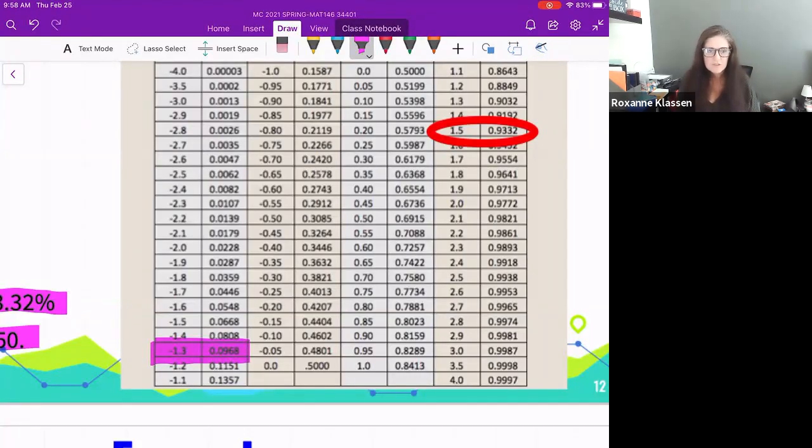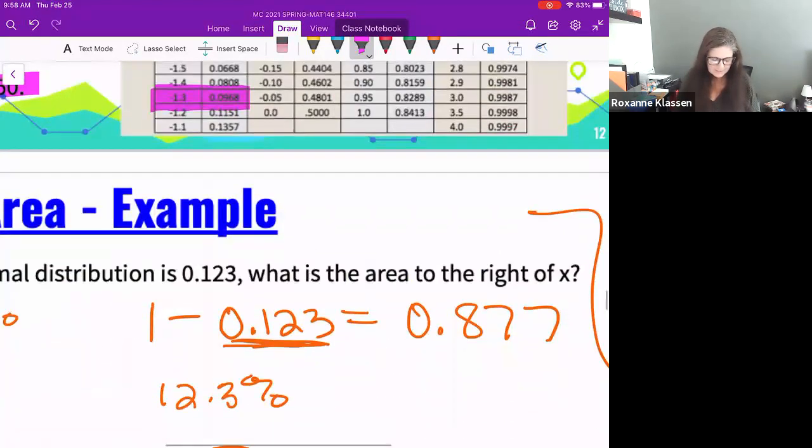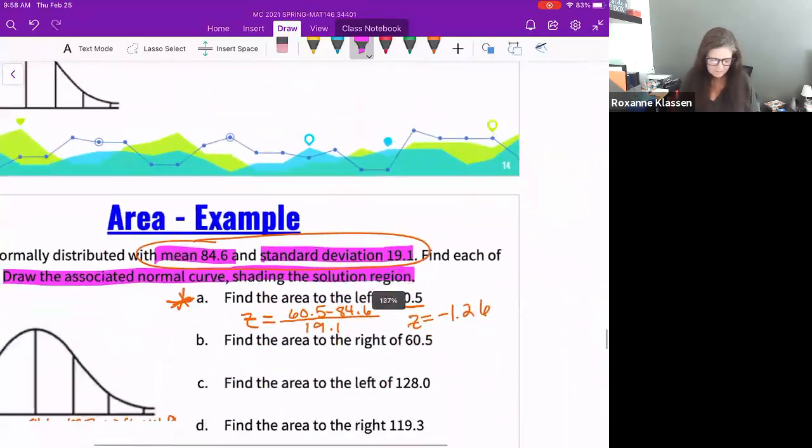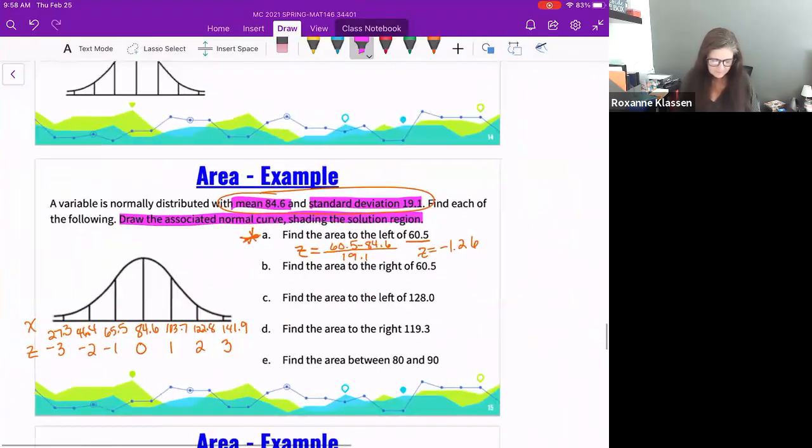Make sure you look at the correct one. Okay. So negative 1.3, and it's the area to the left, is that value 0.0968. So now I'm going to go back here and I'm going to say, okay, 0.0968. And let's look at what that would look like on our picture.